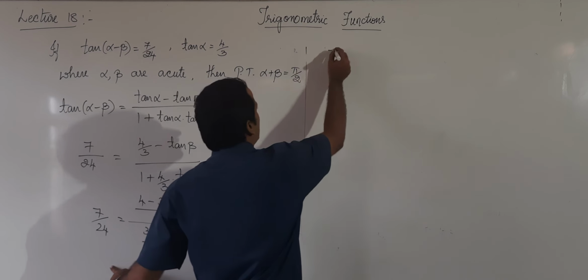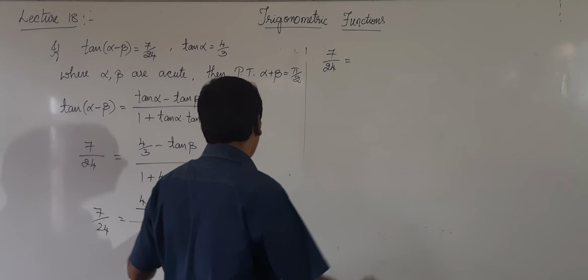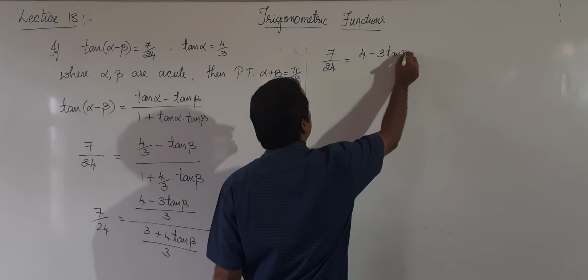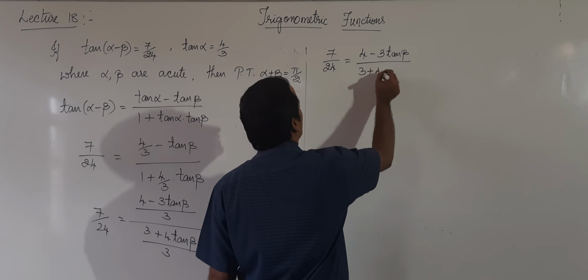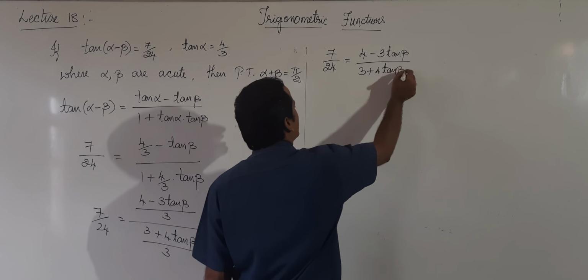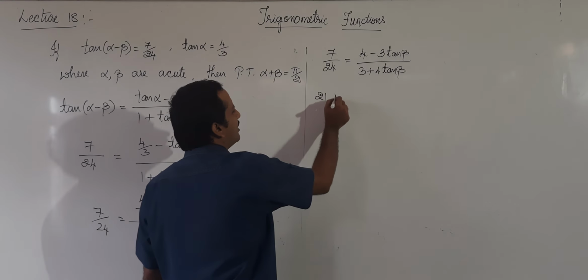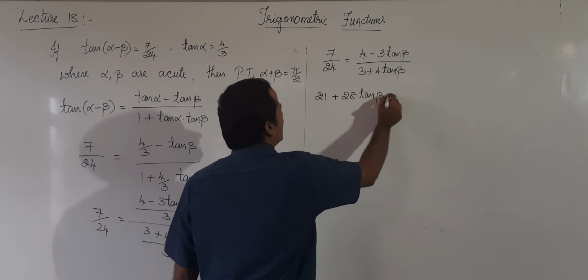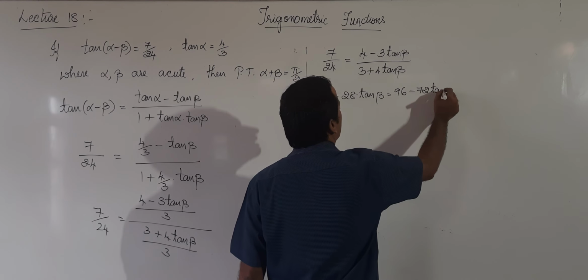Now, 7 by 24 is equal to 4 minus 3 tan beta divided by 3 plus 4 tan beta. Cross multiply and simplify. We get 21 plus 28 tan beta is equal to 96 minus 72 tan beta.